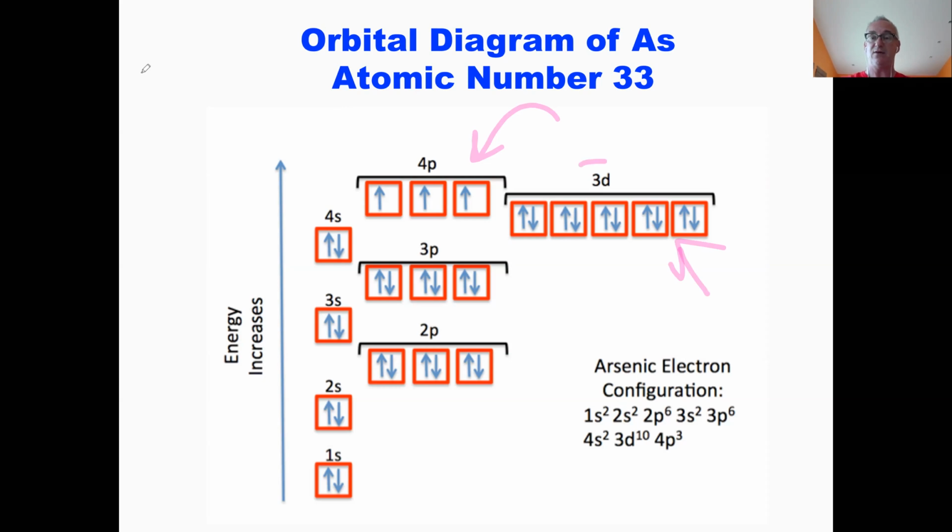So even though this d subshell is in a lower energy level, its energy is still higher. And so we fill 4s before we fill 3d.